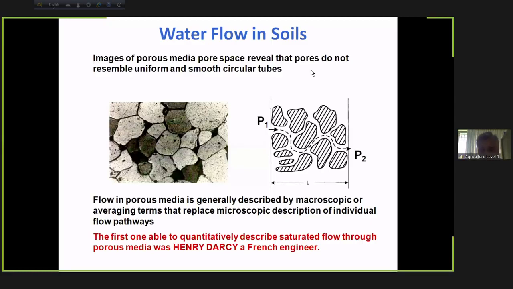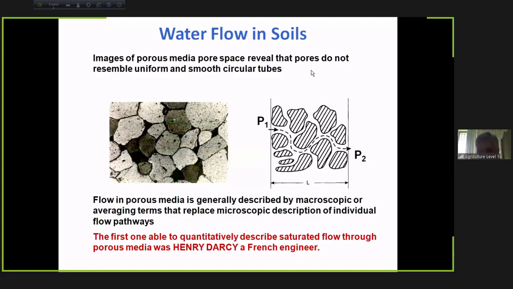How do they move? He first explained saturated condition water flow and unsaturated condition water flow. And unsaturated condition is more difficult than saturated condition, because in unsaturated condition you have both air and water, but in saturated condition you have only water. Air bubbles can block the movement of water.